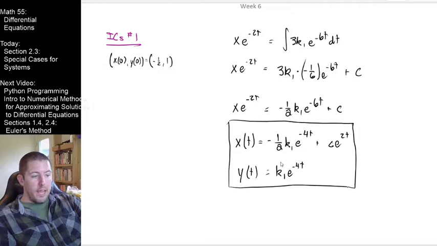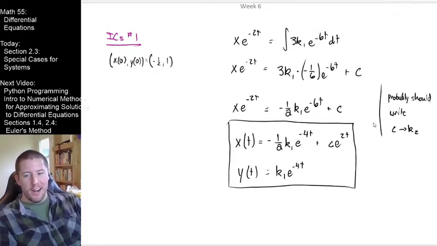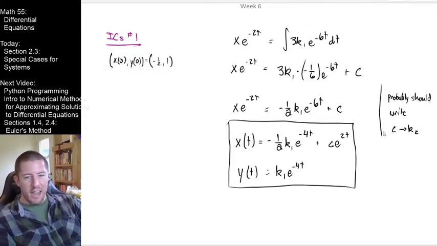Immediately, I am noticing it is definitely easier for me to solve, let me just say over here, whatever. It doesn't matter what variables you pick. I should have probably, for consistency's sake, done K1, K2.